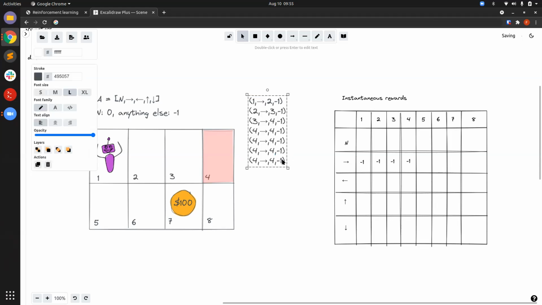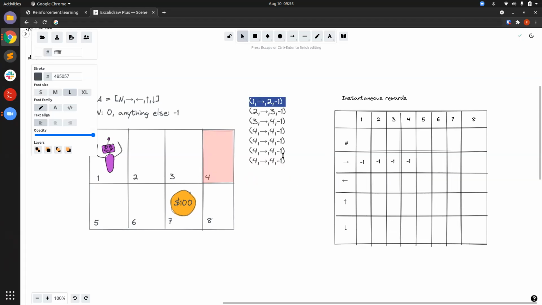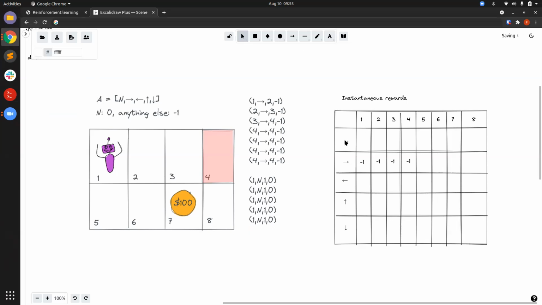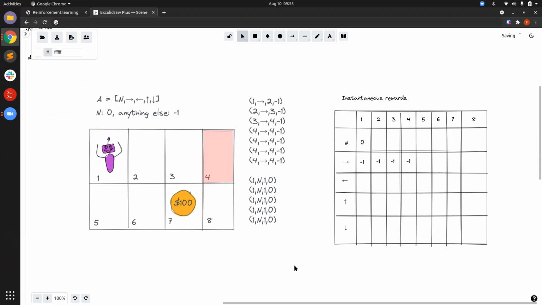So now let's say I start back at state 1 and I attempt the no-op action. My new policy is always attempt no-op, so I just end up in state 1. All right, so now my table of instantaneous rewards looks something like this.